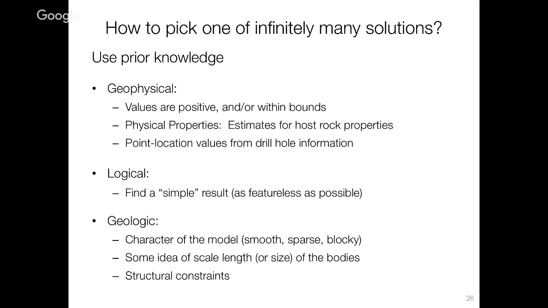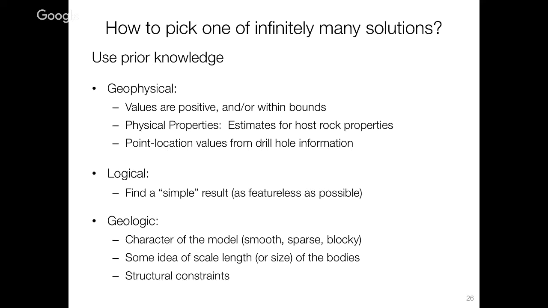So the idea is, if you have a solution with 30 sort of peaks or troughs in it, and you can also have a solution that has one, somehow the one that is as featureless as possible might be a bit more representative or robust. So that's another kind of thing that you could do.